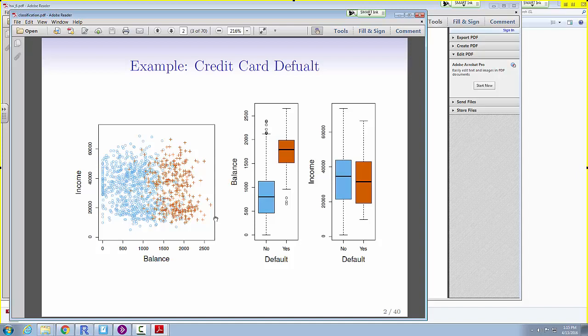The reason is that with balance, there's a big difference in average balance. There's a difference in what balance tends to look like for people who default versus people who don't. So income, there is some difference, but it's not nearly as strong. I would say balance is highly informative, income not as strongly.